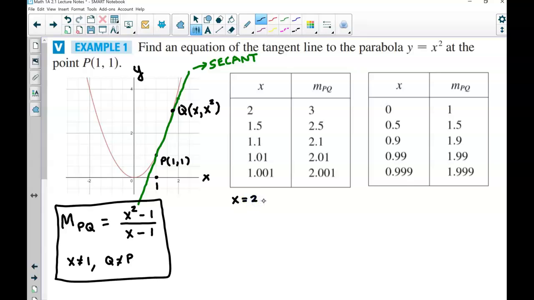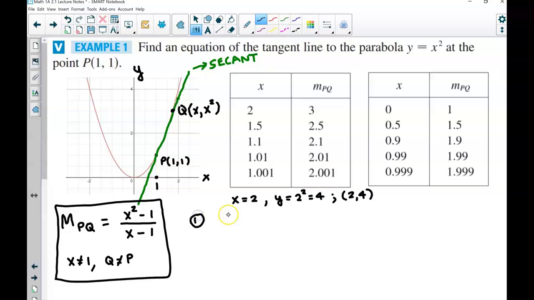If we plug that into our function, then y would equal 2 squared, which would be 4. So now we have this ordered pair (2, 4), and we're going to compare it to the slope with our point (1, 1).